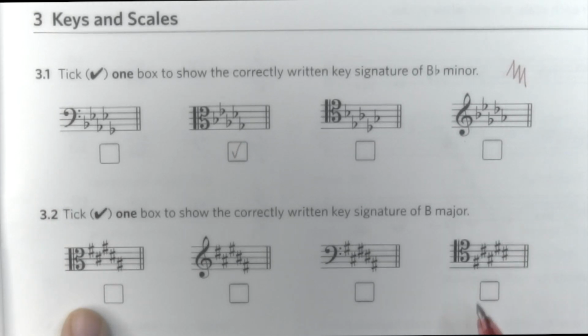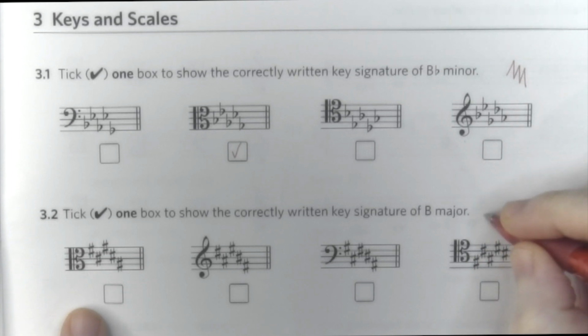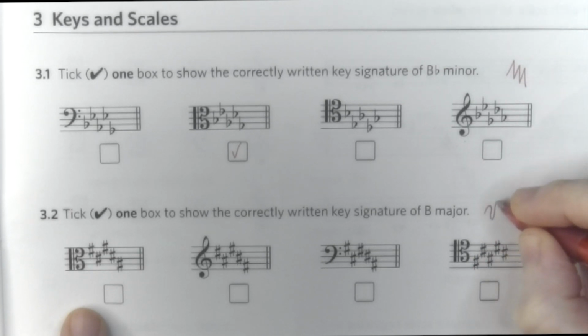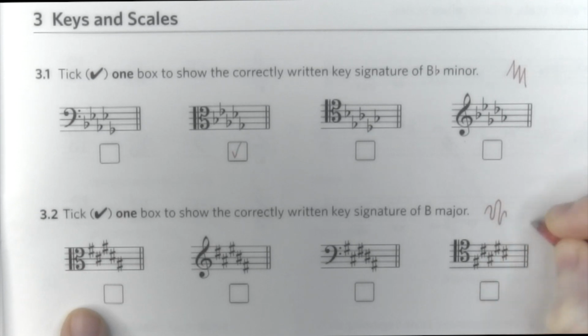In the case of the sharps, the shapes are different. We have one for all the clefs and one for the tenor clef. The other clefs use this shape, and the tenor clef has a zigzagging ascending scale.